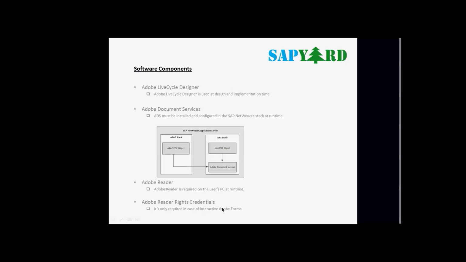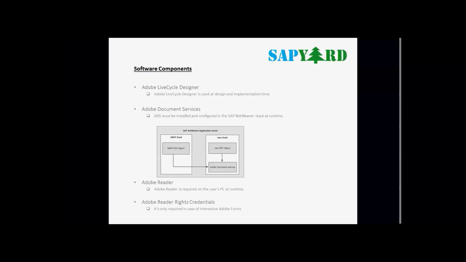You can get the Reader Rights credentials from the marketplace directly if you have your SAP NetWeaver license. With that, you can install them and start developing interactive forms in your development system or also in your test systems. But as soon as it goes live, you have to pay the license. Otherwise, the interactive feature will not work. So this is just one note to be sure.